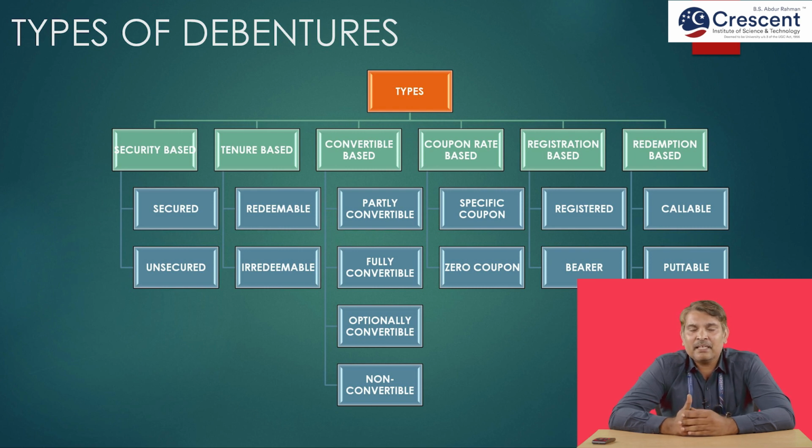Then subordinate means the redemption is going to happen possibly at a discounted or lesser rate. Then participating: as a debenture holder, sometimes you can be allowed to participate in the board, or in the decisions taken by the company and other related things.